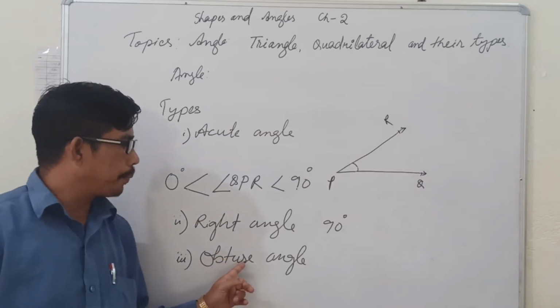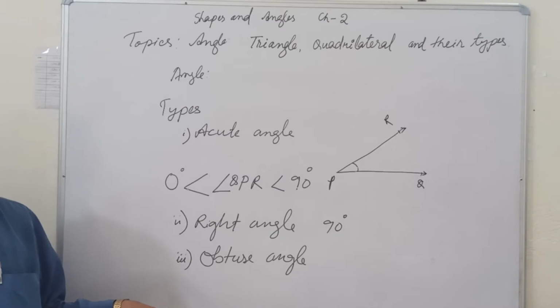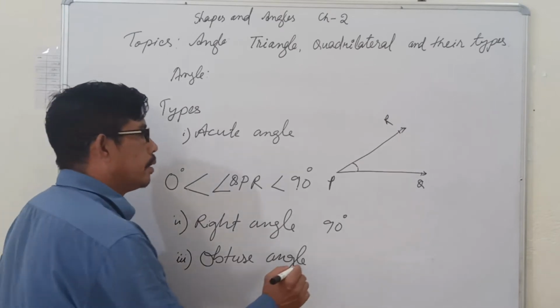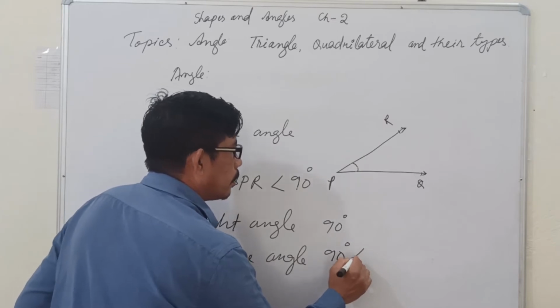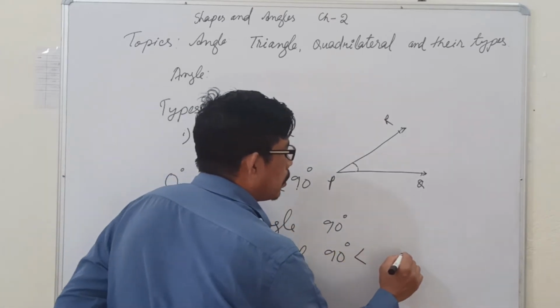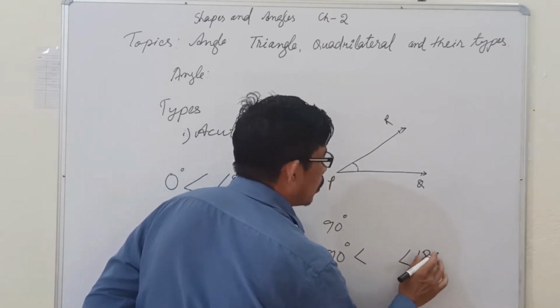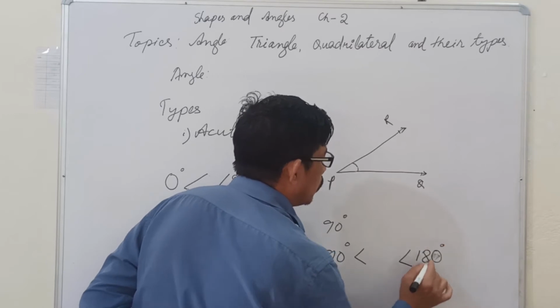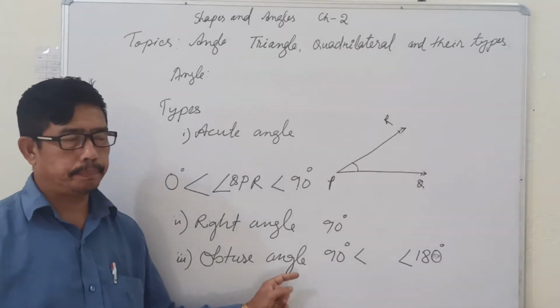Third type, obtuse angle. The angle whose measure is more than 90 degrees but less than 180 degrees is known as an obtuse angle.